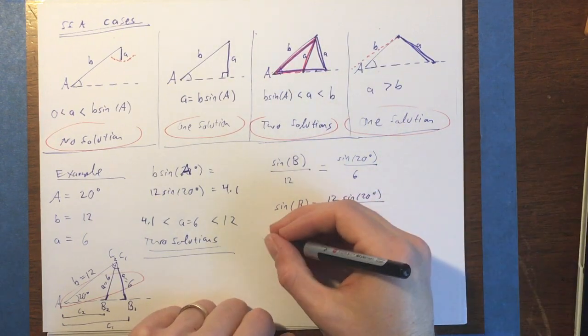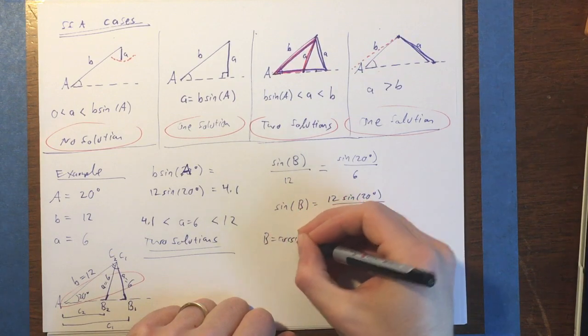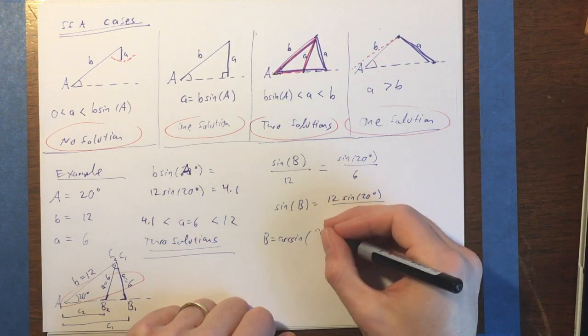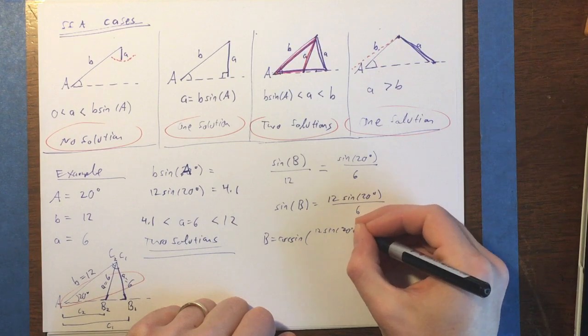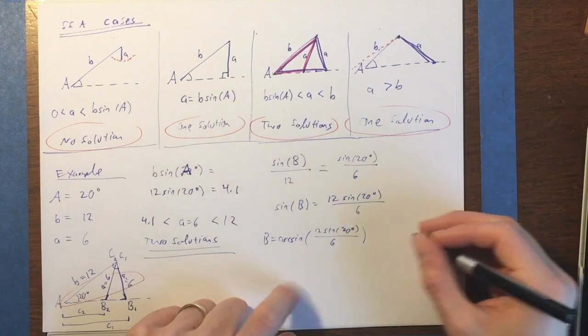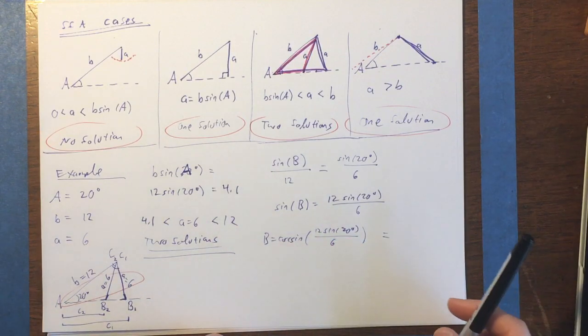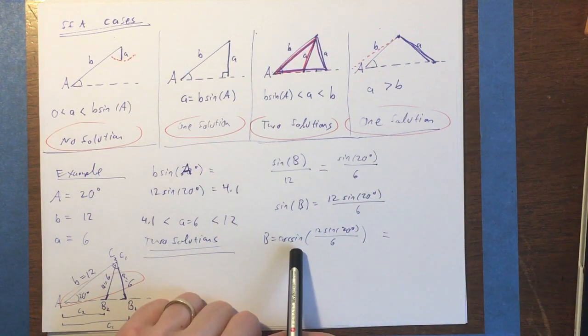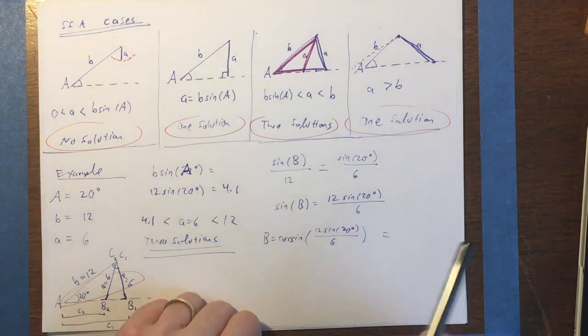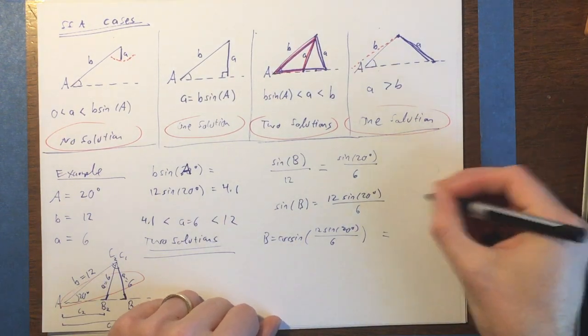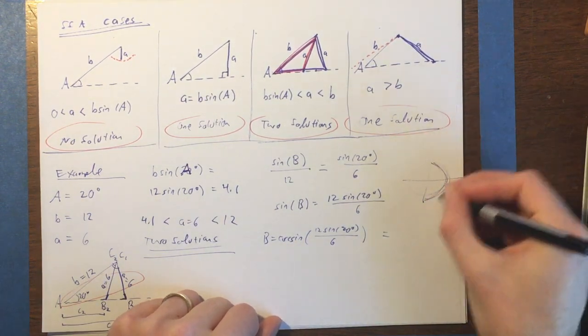And there's two possible cases. One is that B is just equal to the arc sine of 12 sine 20 degrees over 6. The arc sine is going to give us an acute angle because of the range of arc sine, because of how arc sine gives you something in this range on the right-hand side here.